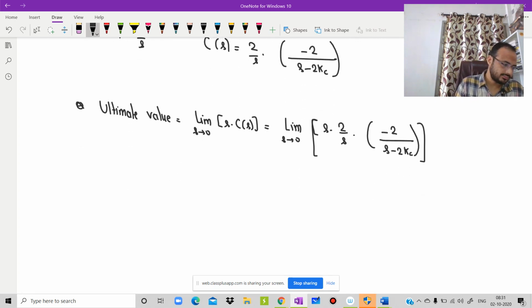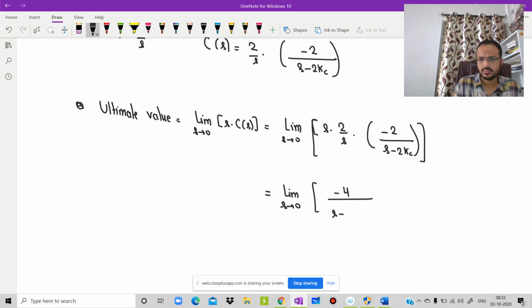You will get the value of Kc, okay. You will get limit s tends to 0 minus 4 by s minus 2 Kc.